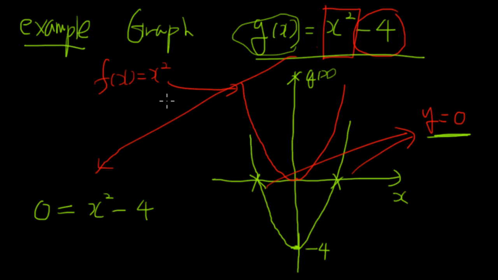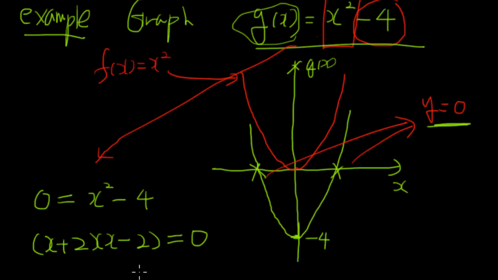At this point, I hope you know how to factor. You can use the square root technique, but you can also factor this, right? So this would be x plus 2, x minus 2, equals 0, right?